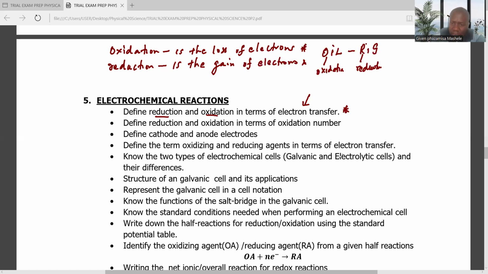Again, you must be able to define oxidation and reduction in terms of oxidation number. And this is very important, which means oxidation is an increase in oxidation number.